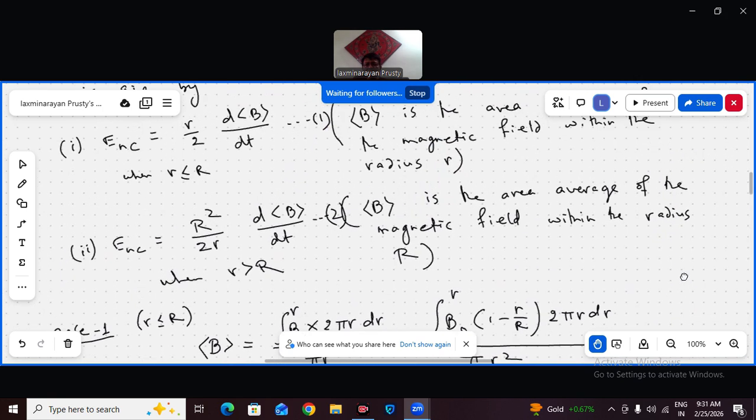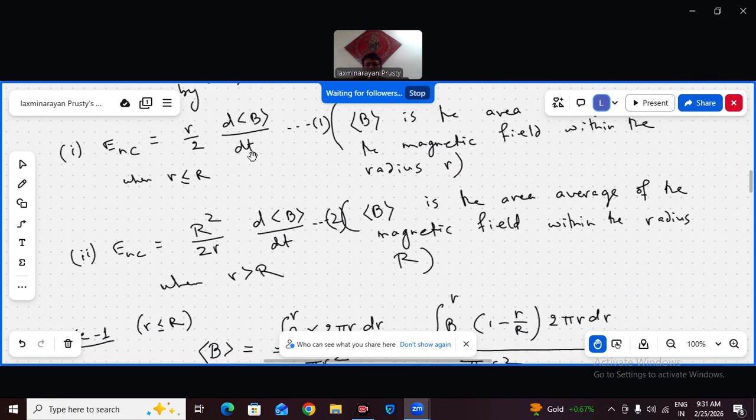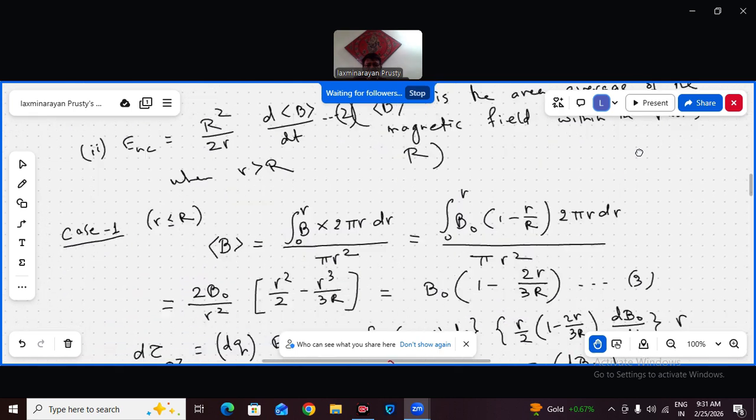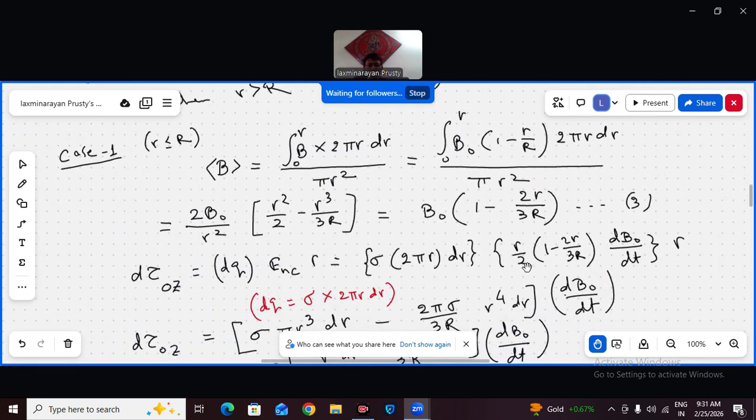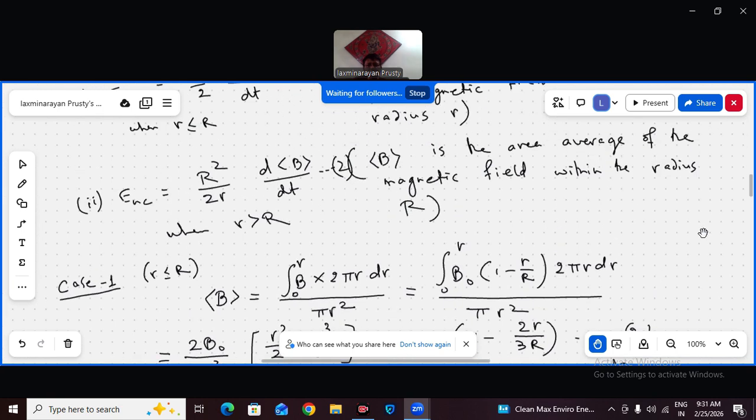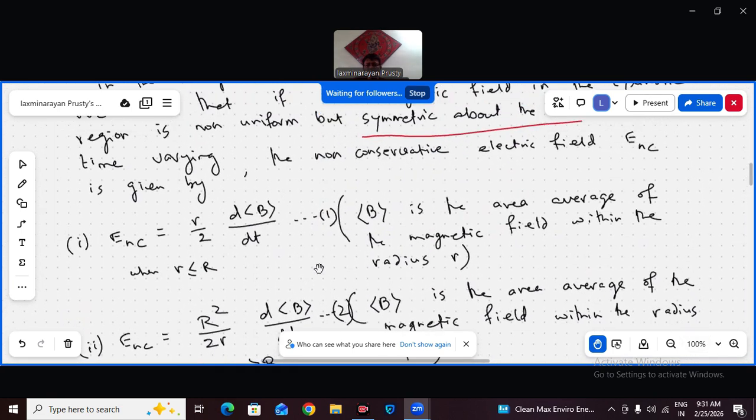Taking the derivative, this is r by 2, (1 minus 2r by 3R), dB naught by dt. This is dB average by dt into r. This is the ENC into dq into r.